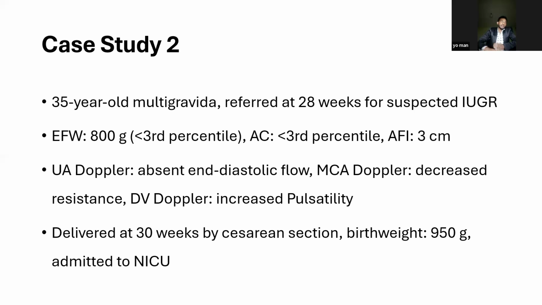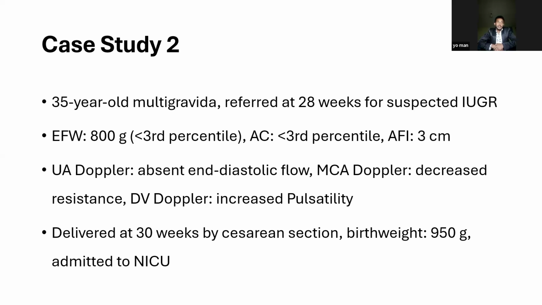So the estimated fetal weight was 800 gram, which was less than the 3rd percentile for gestational age, and that's enough for most of us, because if you find the estimated fetal weight alone, or the AC alone, to be less than the 3rd percentile, this is an FGR patient.